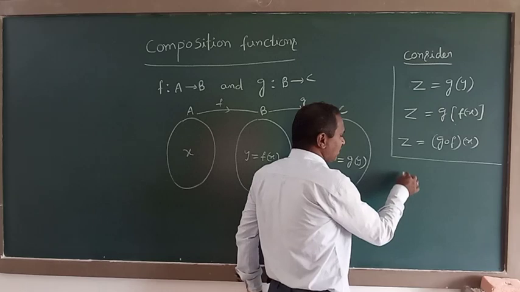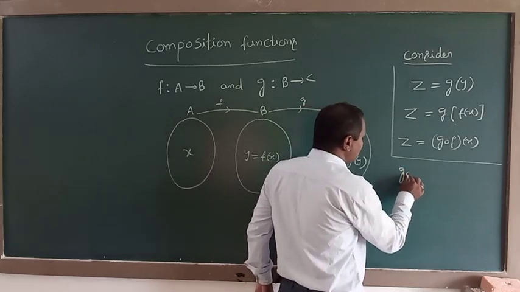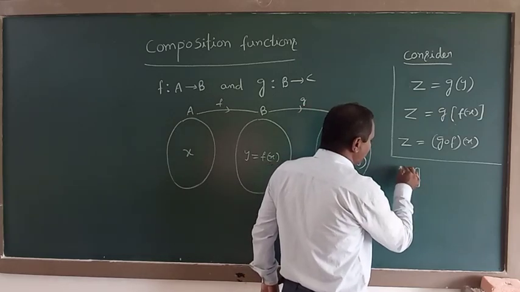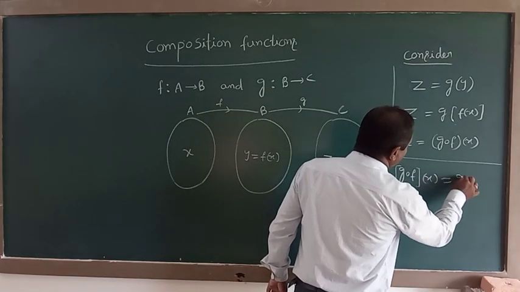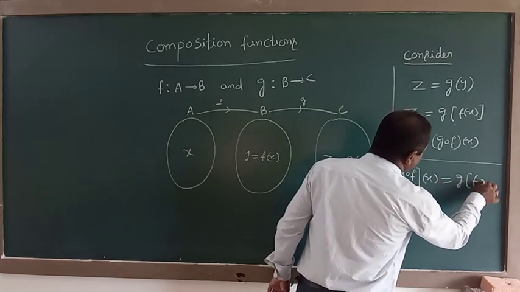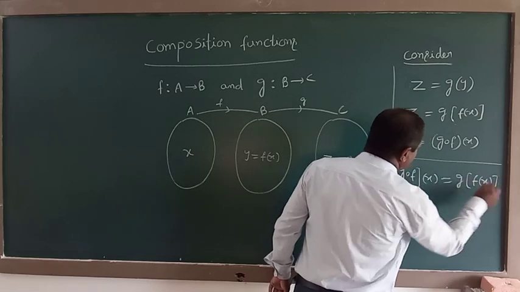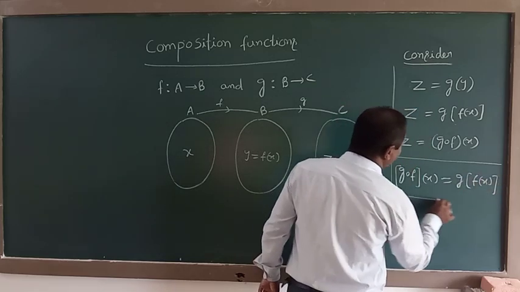That's why we can write g circle f of x, g dot f of x, is equal to g of f of x. It is the composition function definition.